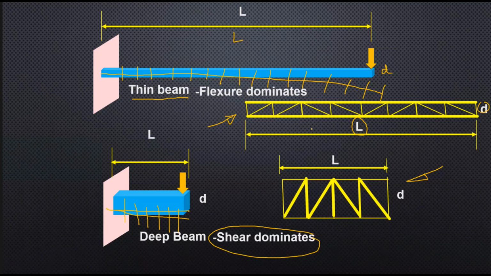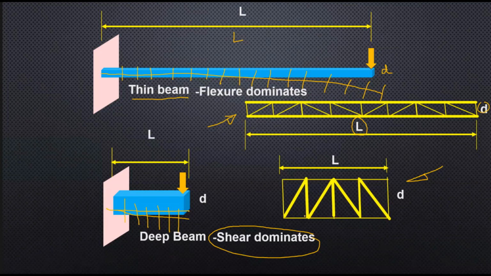So what I'm saying is, if it is a flexure dominated truss, then you will find the chords take large force for the force transmission. Right. Now, the web members are relatively not loaded as much as the chord members, because in a flexure dominant member, the moment is carried by the chords primarily.